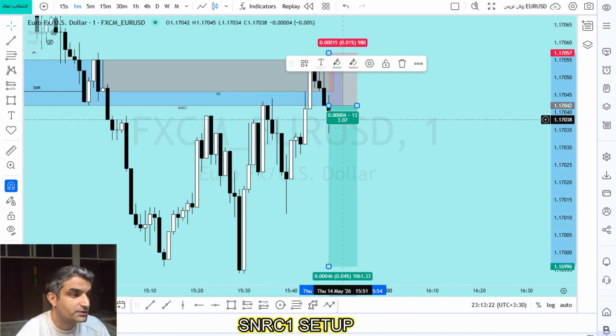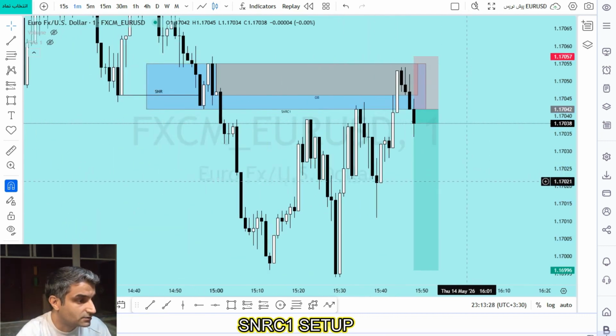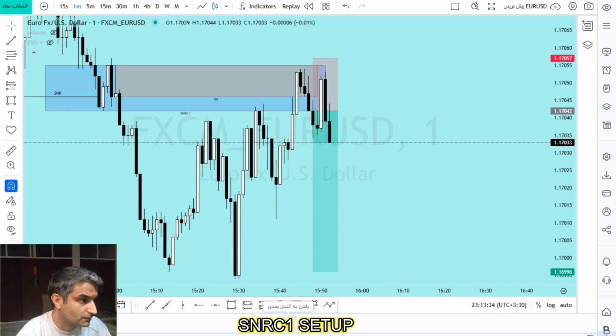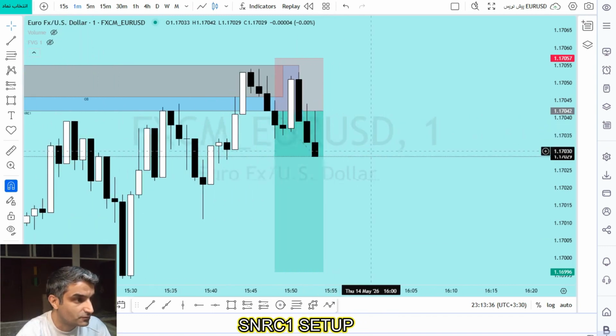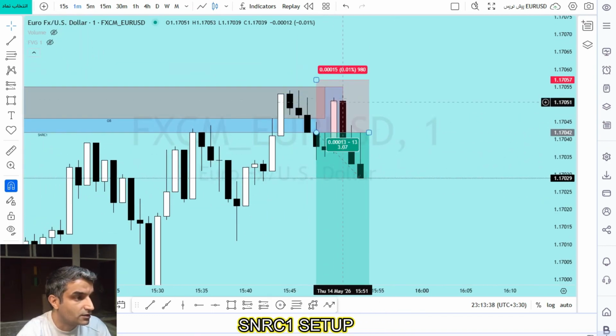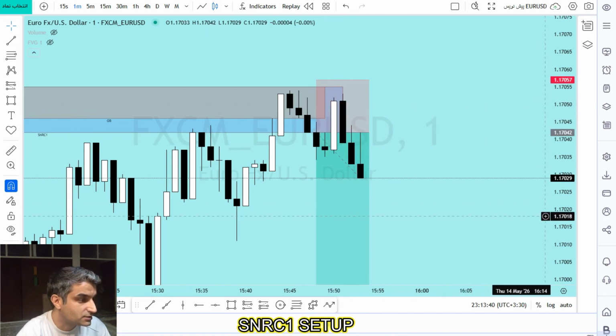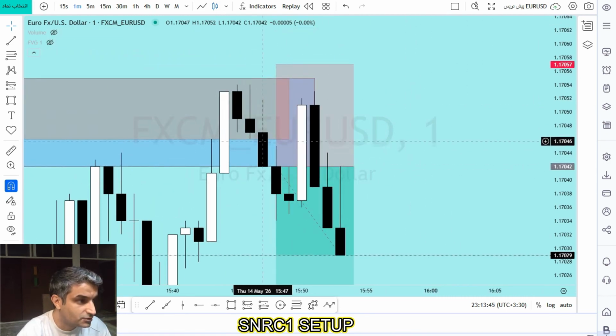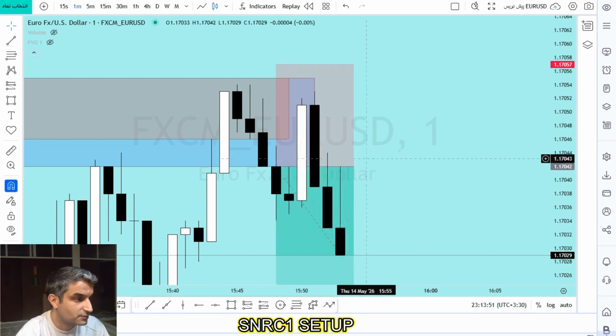As you see, our risk reward ratio is around 3. Let's see what is going on. As you see, price again comes to this area. As you see here, we have an FVG, and in the lower time frame here can be an order block.